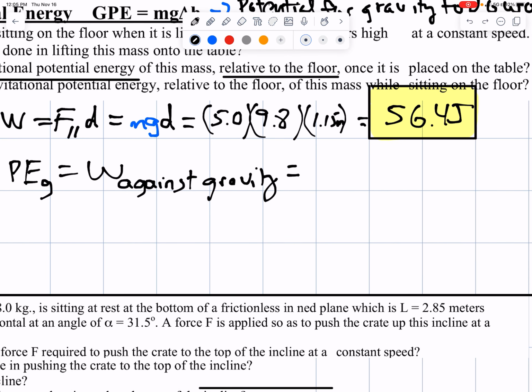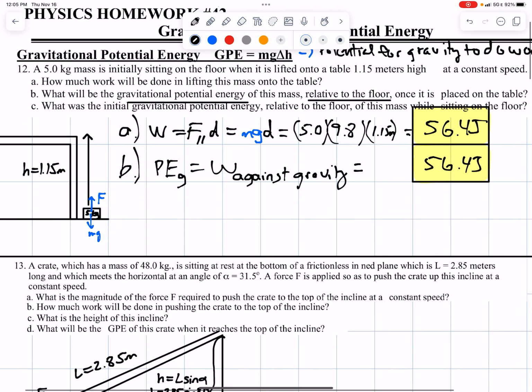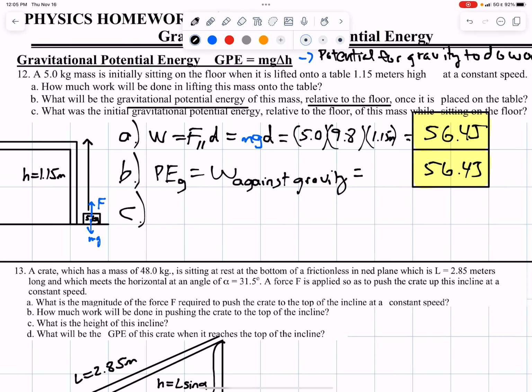It is equal to the potential energy that you gain. So in other words, 56.4 joules.